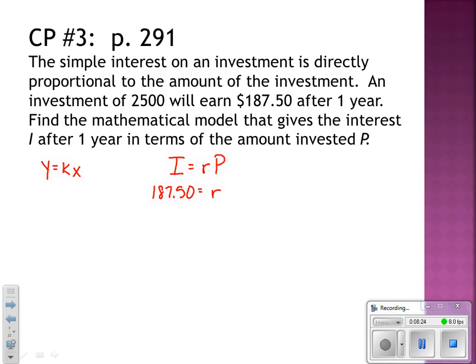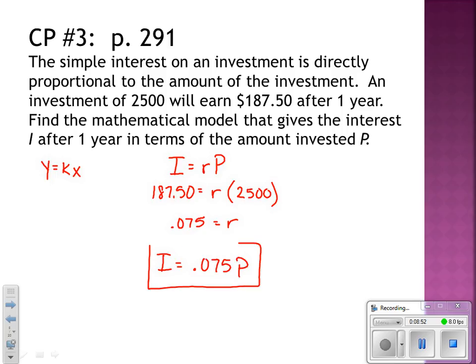We don't know what rate's going to achieve that for us, but we do know that we had a principal or an investment of $2,500. Now, dividing both sides by 2,500 yields 0.075 for our rate. So then your linear model is as simply as saying I will equal 0.075 times my principal. There's my model. There's my equation.